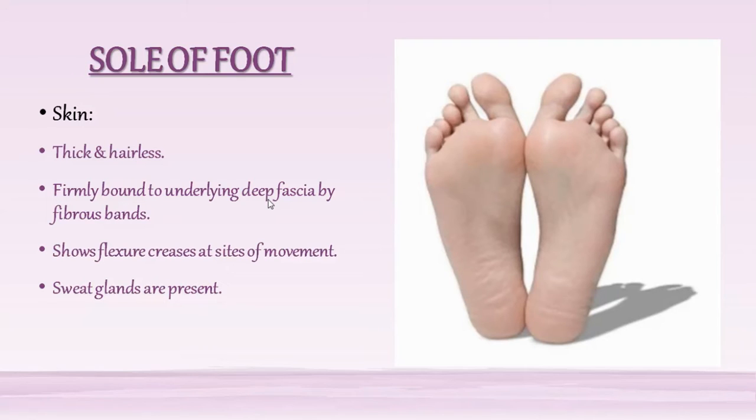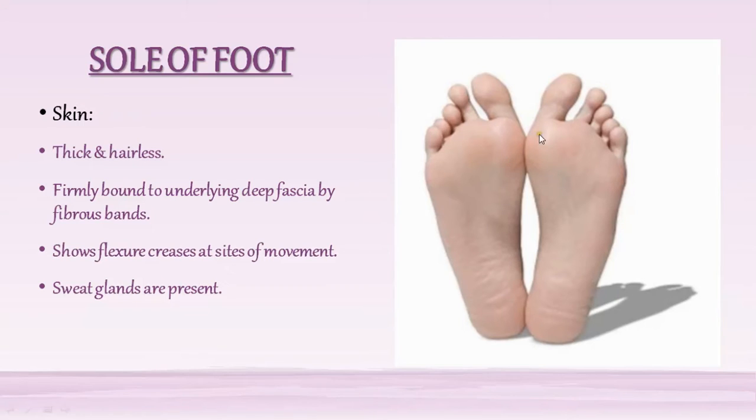So when we will look at the sole of foot, we will first look for the skin. The skin of the sole of foot is thick and hairless, which is firmly bound to underlying deep fascia by fibrous bands. Now this skin shows flexor creases at site of movement.